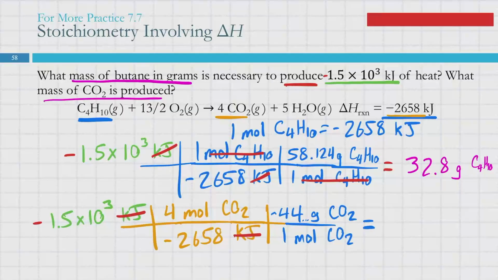So our kilojoules get canceled out. We multiplied by our approximate molar mass for CO2. So the moles of CO2 also cancel out. And we would be left with an amount of grams of CO2.